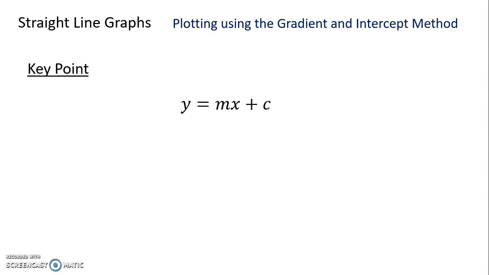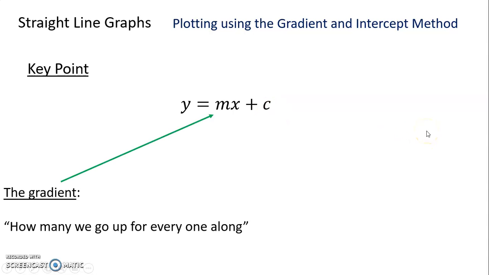So this is the key bit of information, and when I've talked through this, you will want to pause the video and copy this down. In general, a straight line equation takes this form, y equals mx plus c. And what you need to know is that m, the number in front of x, the coefficient of x, is the gradient, and it tells you how many you go up for every 1 along.